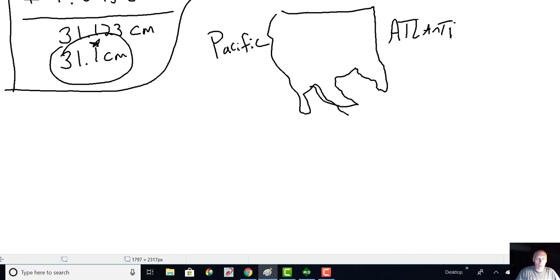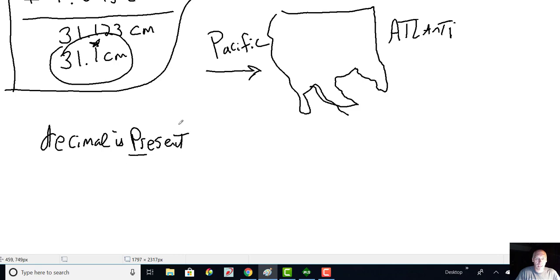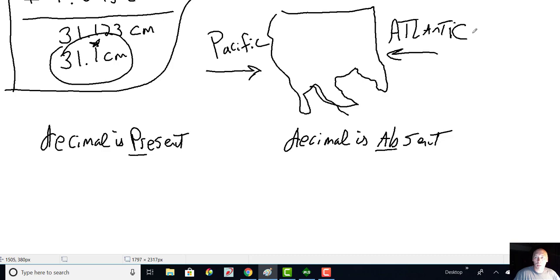So the rule is, if the decimal is present, the P for present means you begin counting in from the Pacific side. If the decimal is absent, you're going to begin counting in from the Atlantic side.